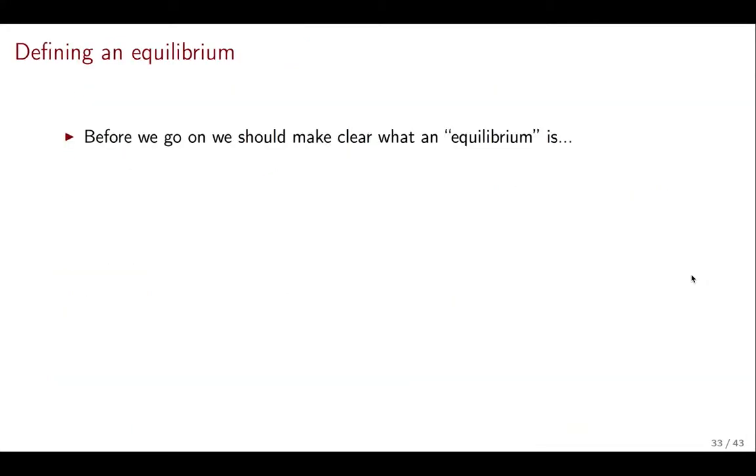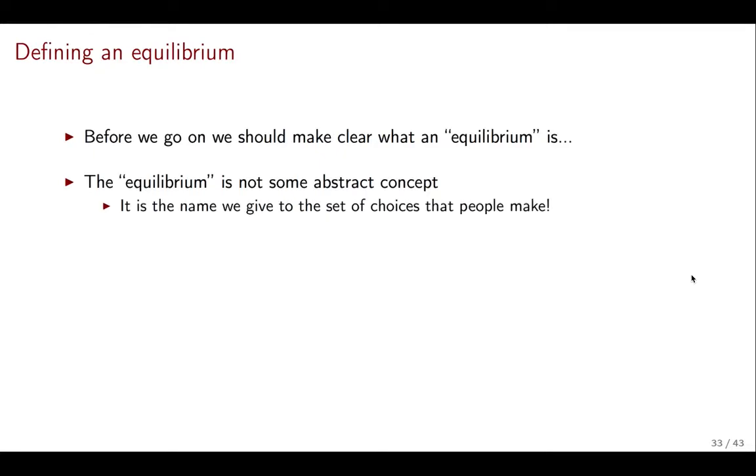Now, before that, we need to make clear what an equilibrium is. And this is something that is often overlooked in some courses and something I really want to stress as being important. Because the equilibrium is not some abstract concept, it's not something immaterial. In fact, it is just the name we give to the set of choices that people make.